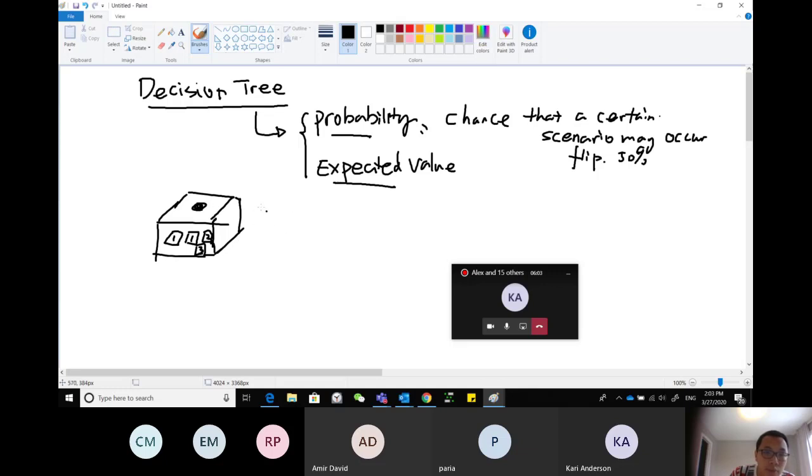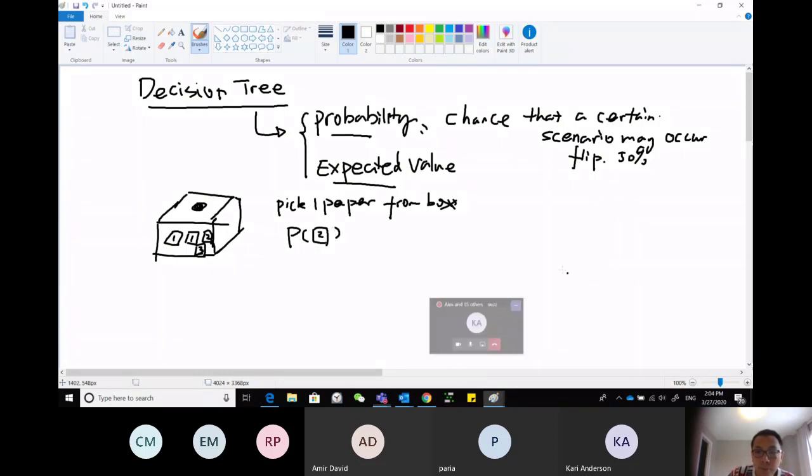So if you pick one paper at a time from the box, the probability of getting the paper 2 is 1/4 of the chance.